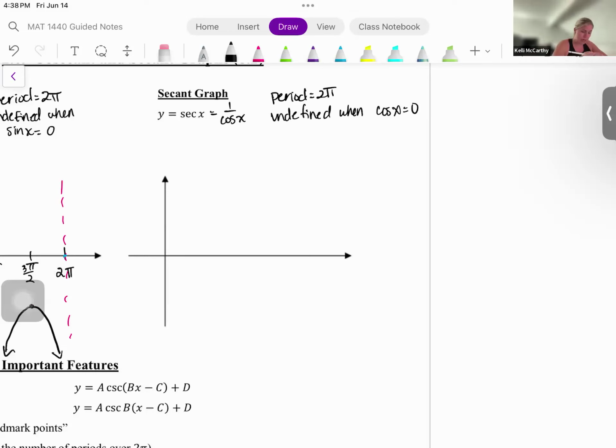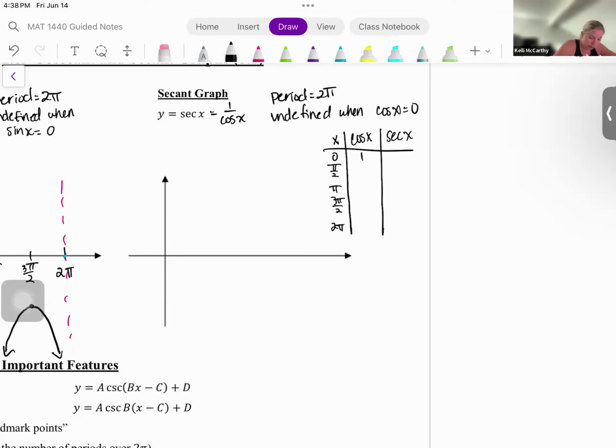I'm going to set up my table of values over here on the right-hand side. So again, thinking about x, then cosine of x, then secant of x: 0, pi over 2, pi, 3 pi over 2, and 2 pi.